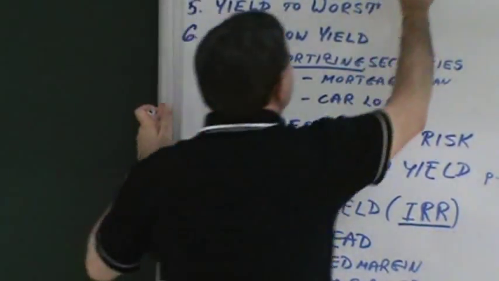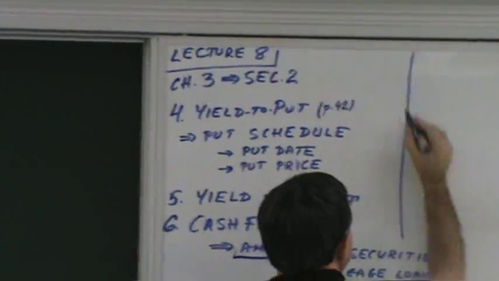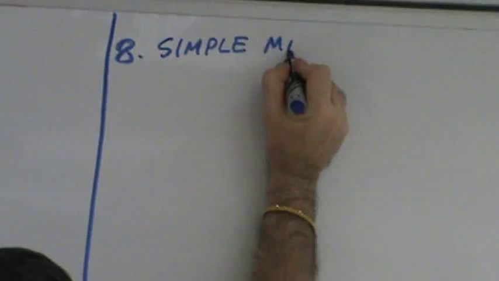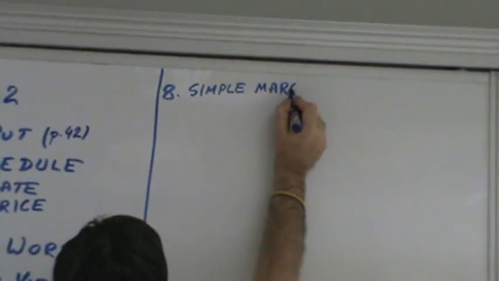Probably I'll continue over here. This continues 8, spread for life, also known as, let me write it here, simple margin. Another type of measure is adjusted simple margin.